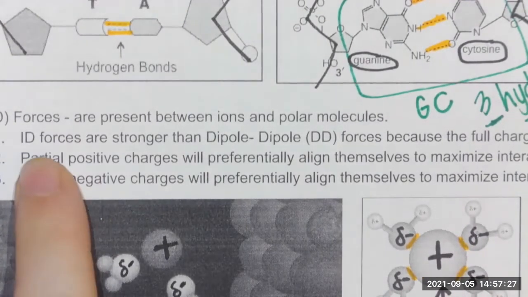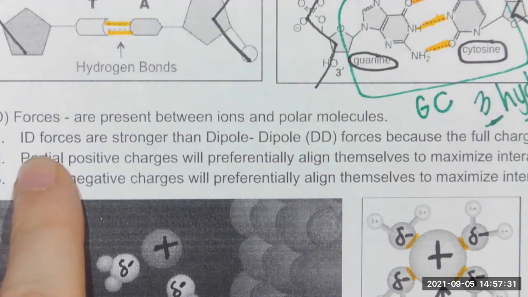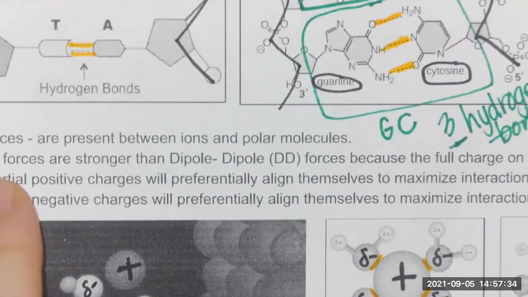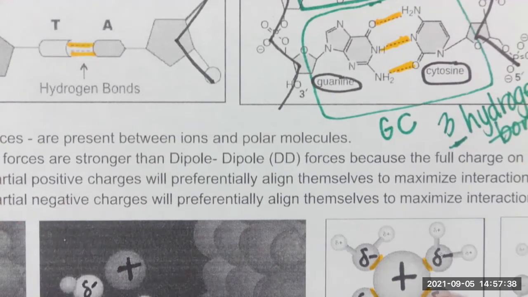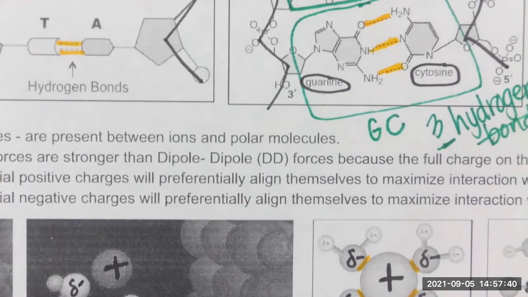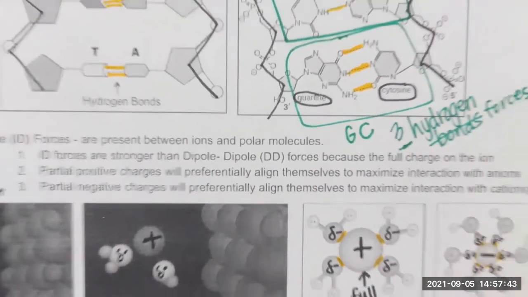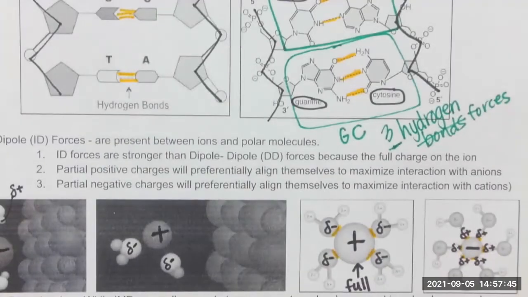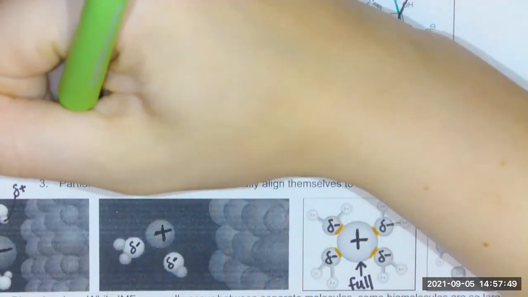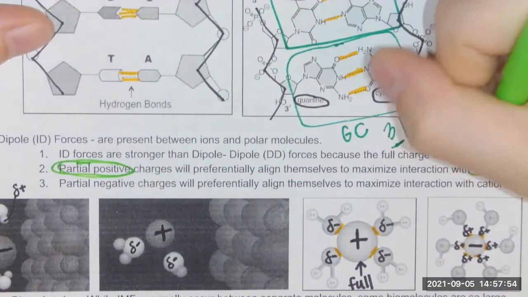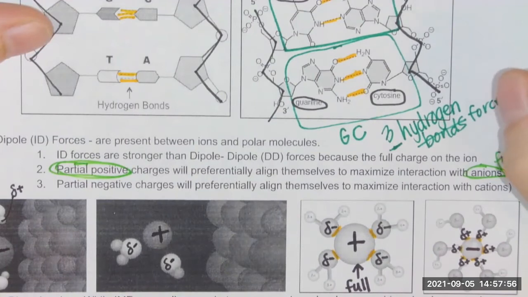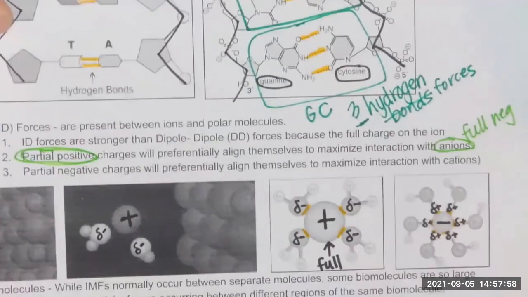Ion dipole forces are the strongest ones because of that full charge on the ion. Partial positive is going to line up with the anions, which are the full negative charge.